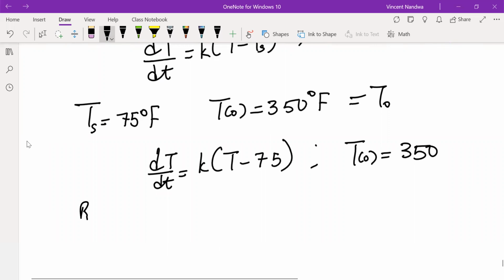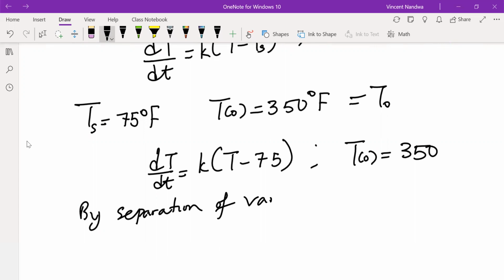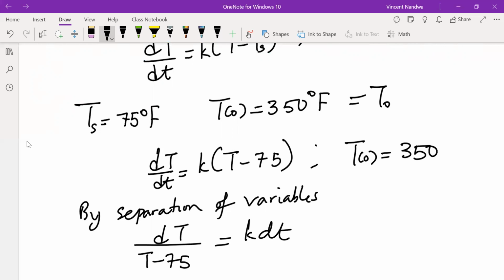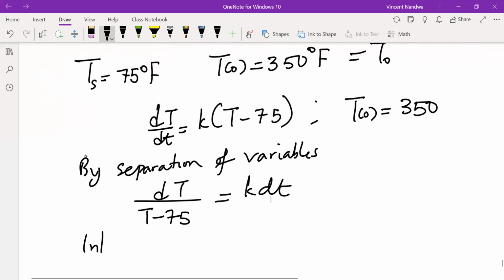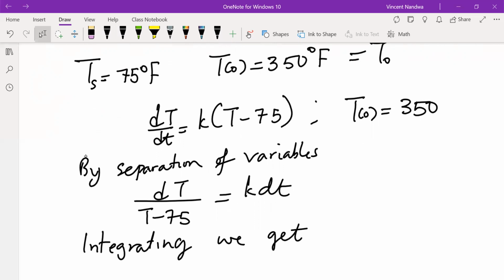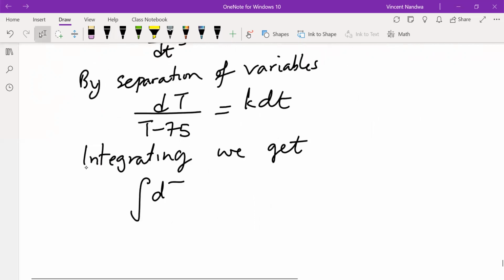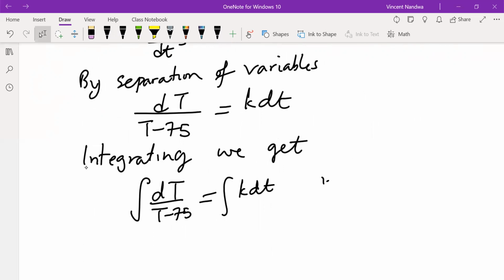Now, by separation of variables, dT over (T minus 75) equals k dt. So integrating, we get ln of (T minus 75) equals kt plus c.